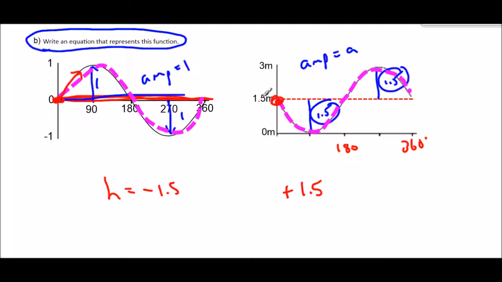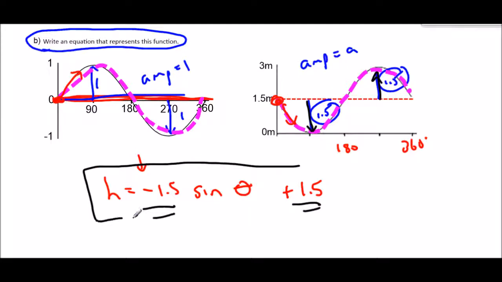It goes up, mine goes down. I already dealt with that with the negative sign, so we don't have to worry about any other transformations. We didn't change any of the interior things, the horizontal changes, but we did have an amplitude change, both by making it negative and stretching it to 1.5 meters up and 1.5 meters down. And then we also moved that middle line 1.5 meters above the 0 line.